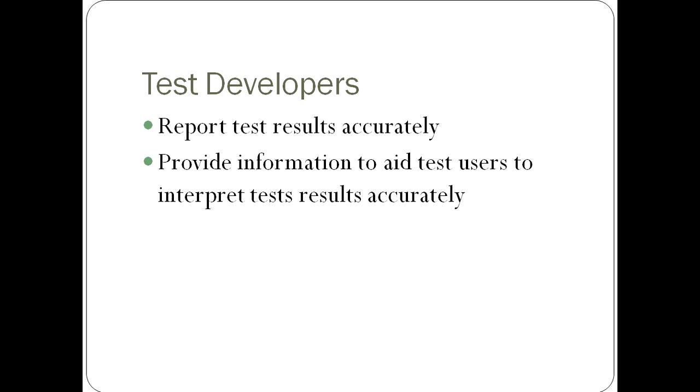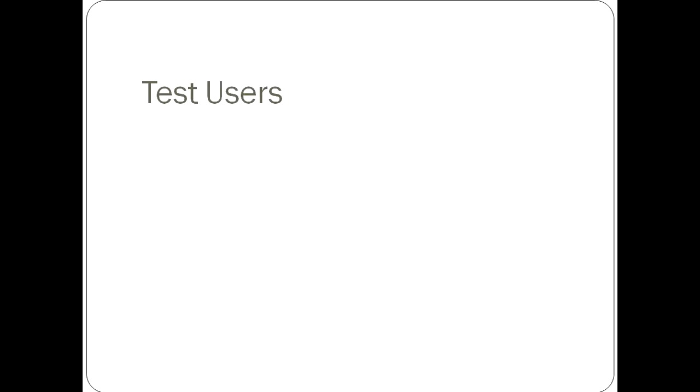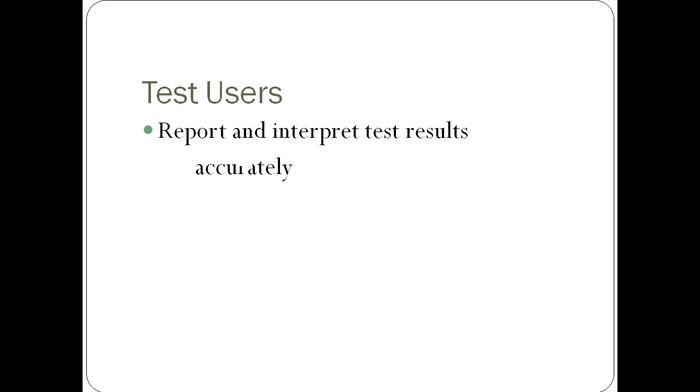So it is the job of the test developer to ensure that the test user understands how to interpret the test accurately. Now the test user needs to create a report and interpret the test results accurately and clearly so that everybody understands how they interpreted it, and hopefully they did it right.